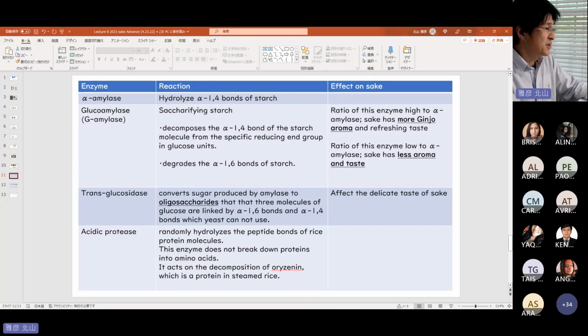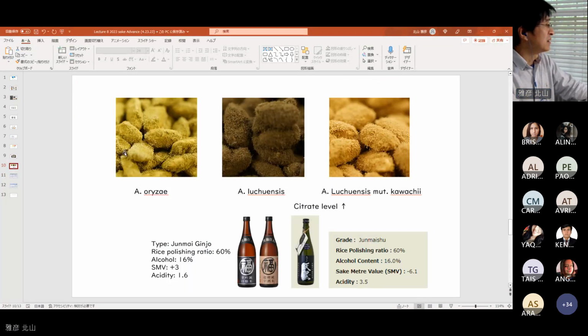This slide shows the enzyme activity, or enzymes, that we can find in Koji fungi. You may remember this photo showed the Koji fungi growing on the surface of the steamed rice.